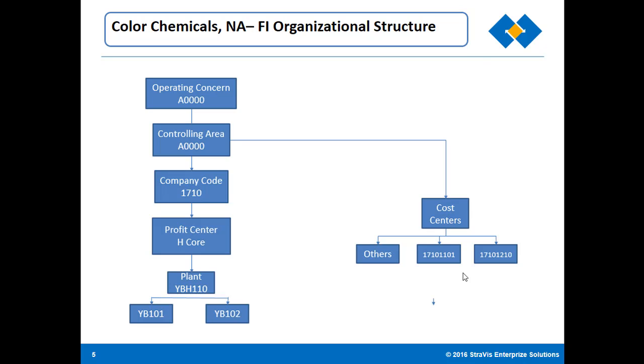Cost centers have been set up and designed, and wherever feasible we have leveraged best practices cost centers, and wherever additional cost centers were needed they were configured. For example, cost centers under plant 1810 we needed to configure, and we have set that up. Below the company code we also set up the profit centers. There are two profit centers, one for each of those plants.